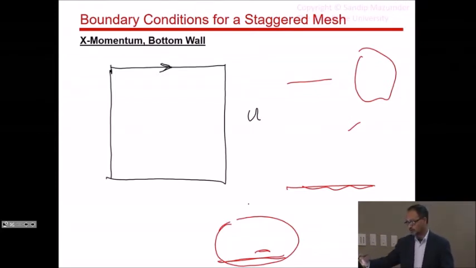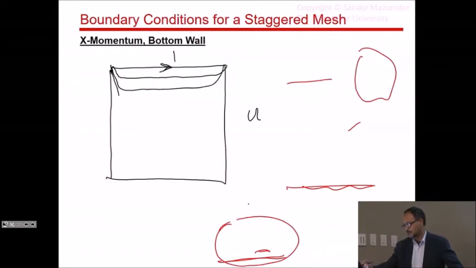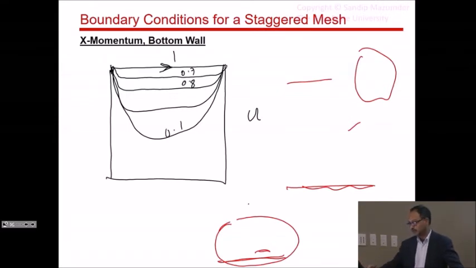Okay, so obviously let's say velocity is 1 here. So what will the contours look like? Yep, so you'll get these. Like that. Okay, maybe 0.9 here, 0.8 here, 0.1 here, and pretty much 0 everywhere else.